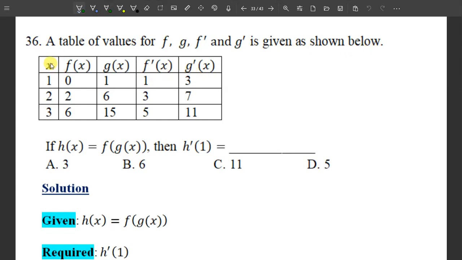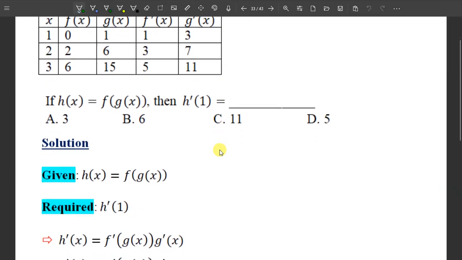When x is equal to 1, 2, and 3, f of x becomes 0, 2, and 6, g of x becomes 1, 6, and 15, f prime of x is 1, 3, and 5, and g prime of x is 3, 7, and 11. The question is, if h of x is equal to f of g of x, then what is h prime of 1?